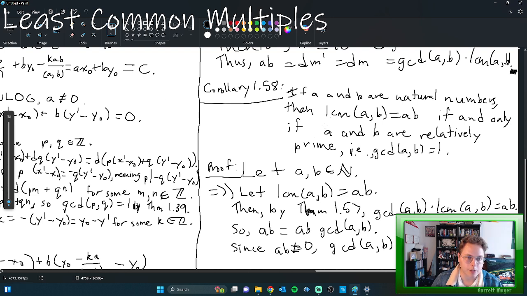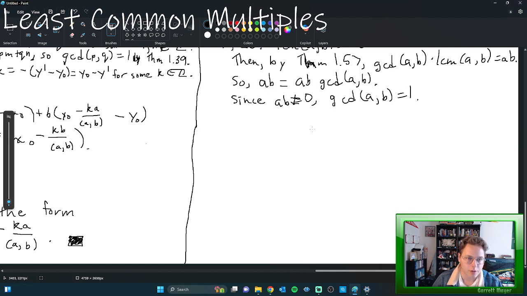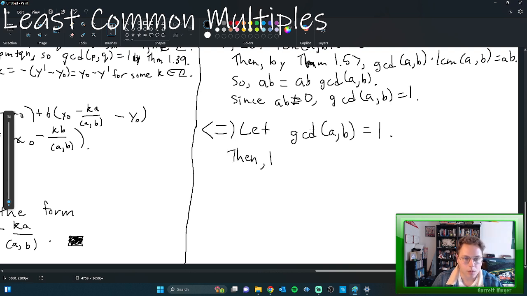Okay, so that's our first direction, and the second direction will also be relatively quick. Let GCD of a and b equal 1. Then by theorem 1.57, GCD of a and b times LCM of a and b equals ab.